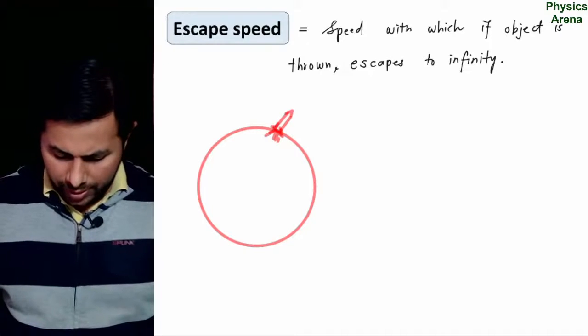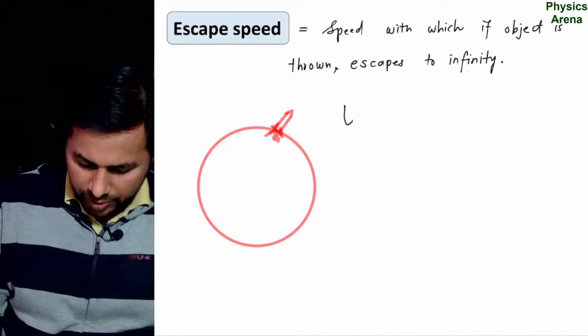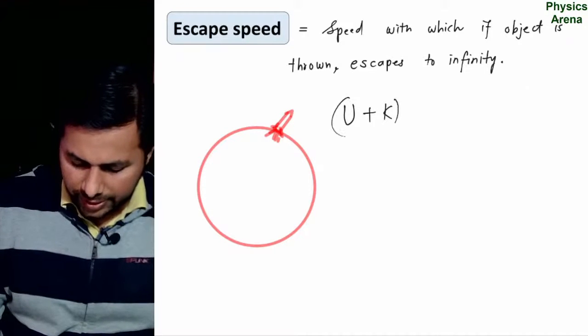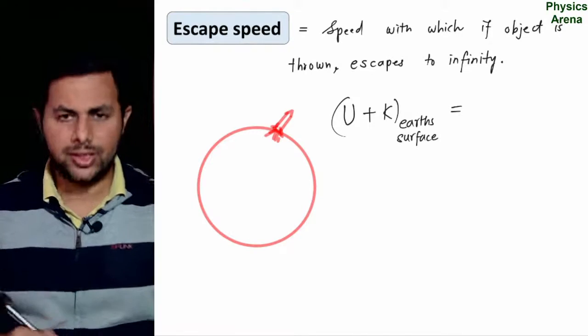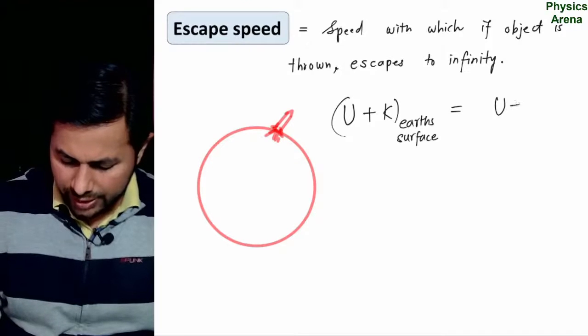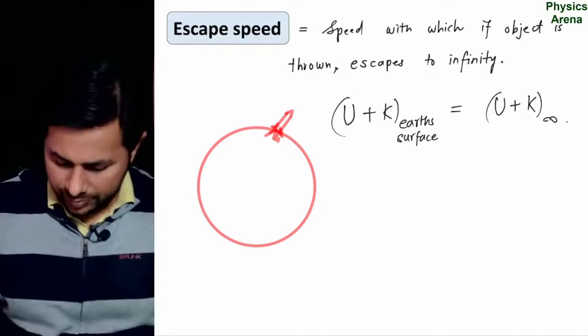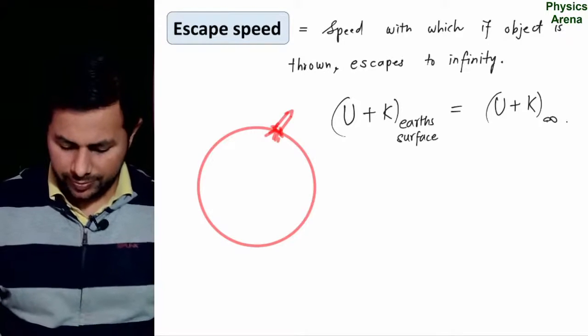Okay, so now we can say the potential energy U plus K on Earth's surface is equal to U plus K at infinity. So U at infinity is already 0.